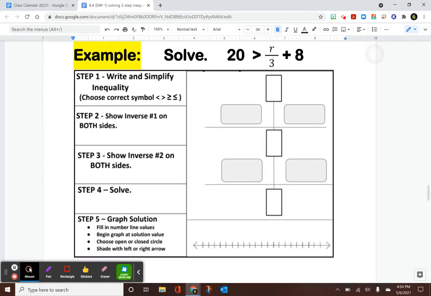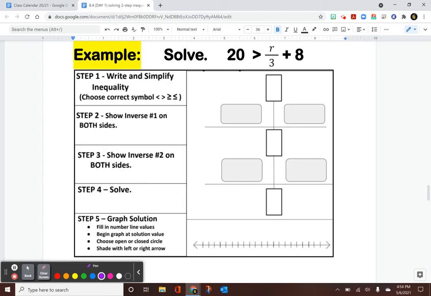All right, my next one I notice is written reversed. So before I try to solve this and confuse myself with greater and less, if I'm less and you're greater, I'm just going to spin the whole thing around. So I'm going to move my r over 3, or r divided by 3, plus 8.